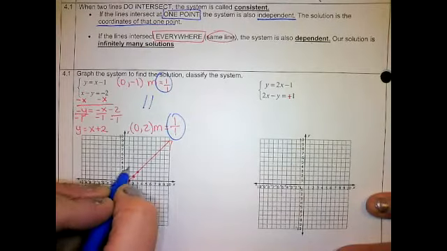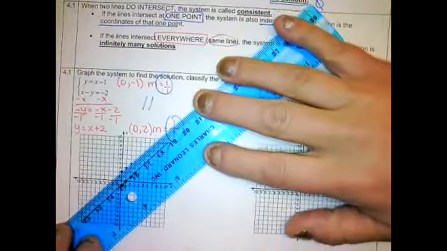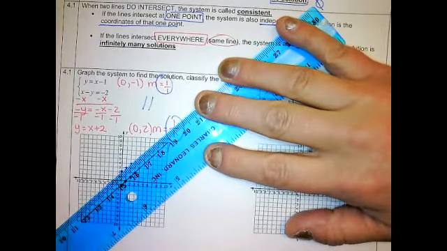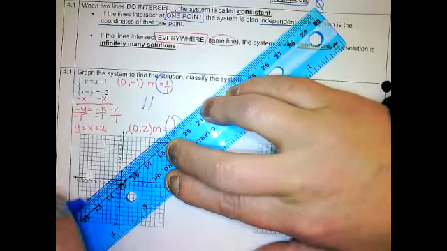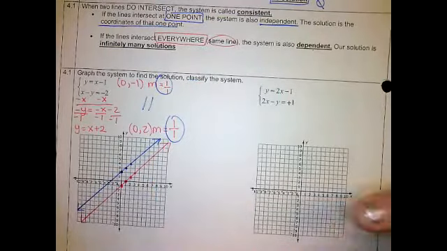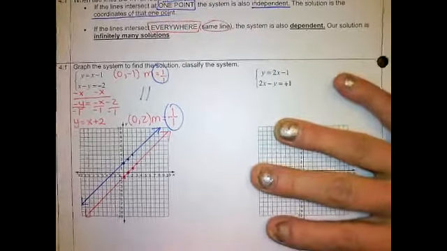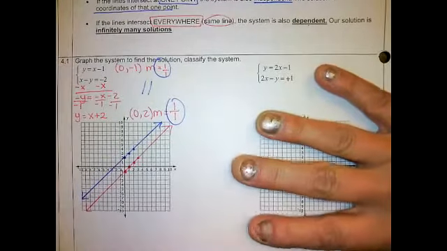So 0, 2, up 1 over 1, up 1 over 1. And that way we can see it. Okay, so these lines are parallel. My lines aren't perfect, so it might look a little crooked, but they're parallel. Now it says classify the system and give the solution.